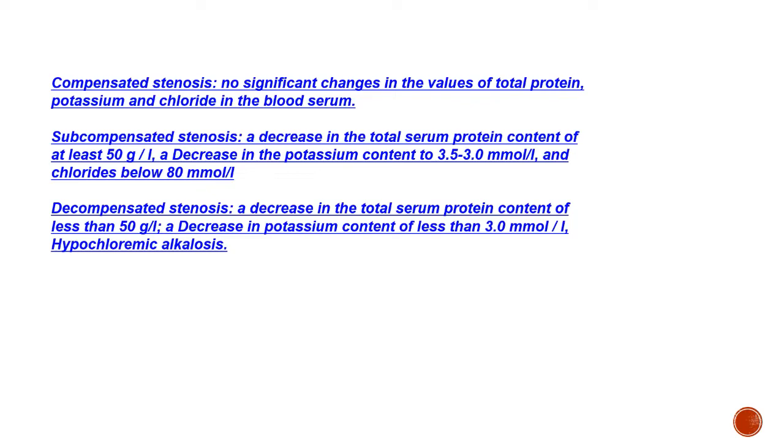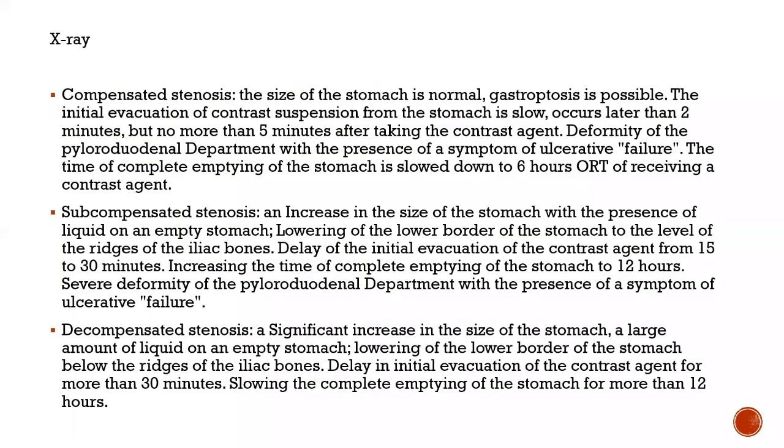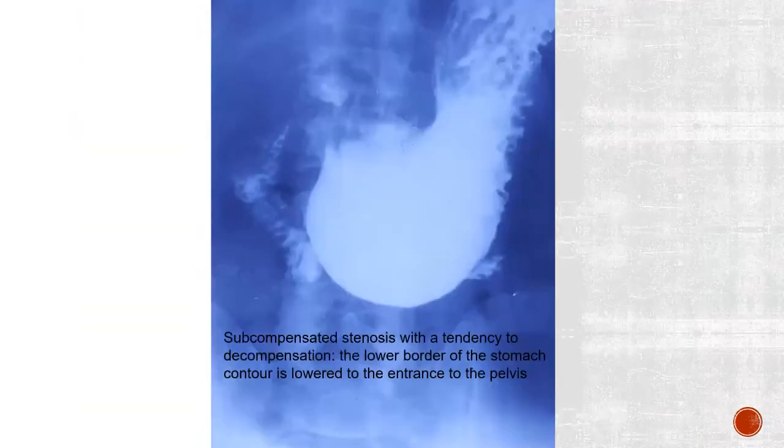X-ray examination shows an increase in the size of the stomach with the presence of liquid on an empty stomach, and the lowering of the lower border of the stomach to the level of the ridges of the iliac bones. Enlarged stomach.